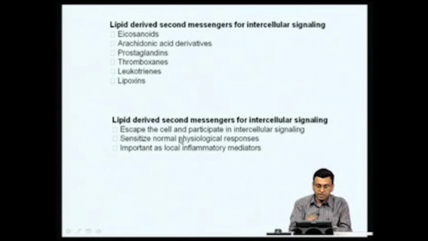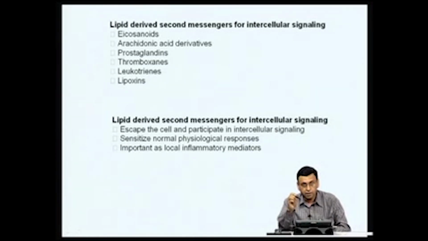So, the lipid derived second messengers for intercellular signaling, once they are synthesized in the cell, escape from the cell where they are synthesized and participate in specific intercellular signaling. They sensitize normal physiological responses and they act as important local inflammatory mediators.